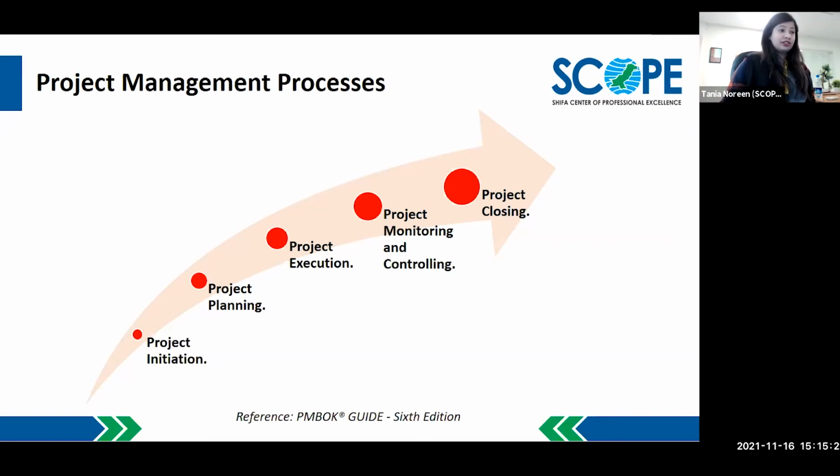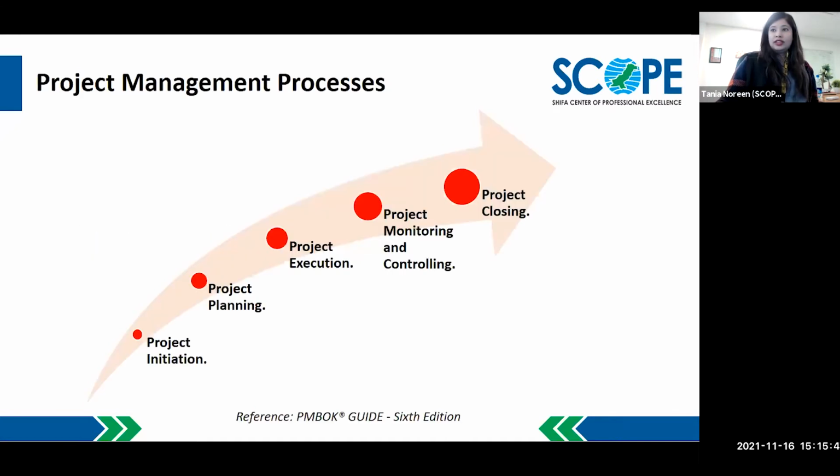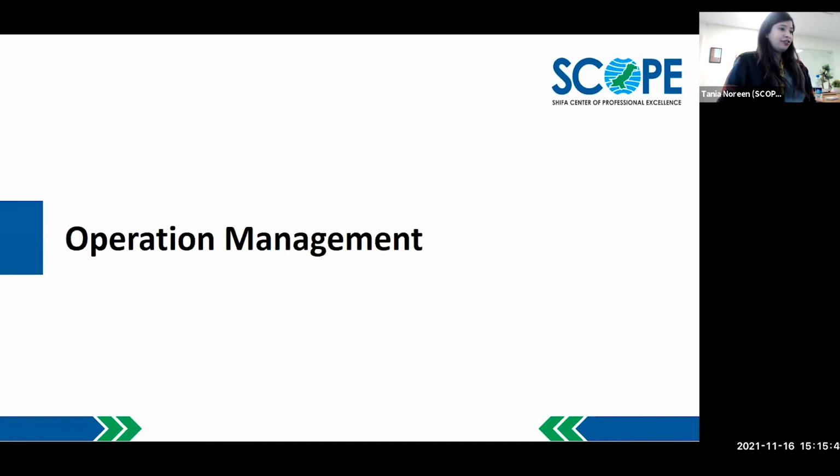These 5 processes, 5 stages, are the project management processes, the processes which are involved in project management. Without these processes, project management doesn't exist. Then this is the end of our first part.